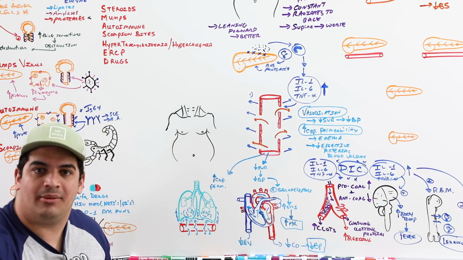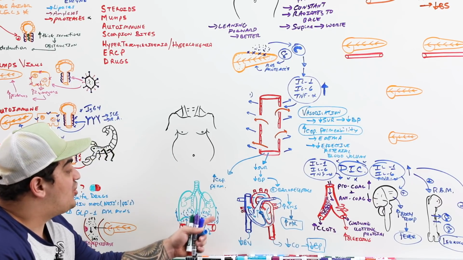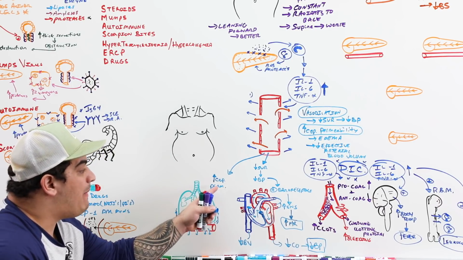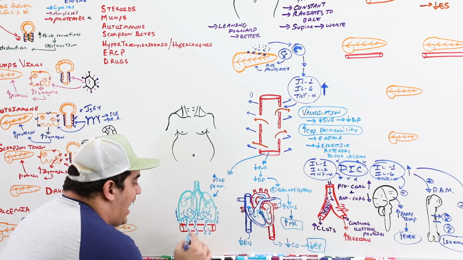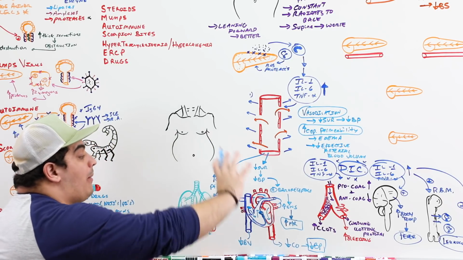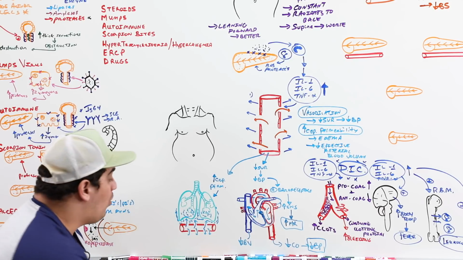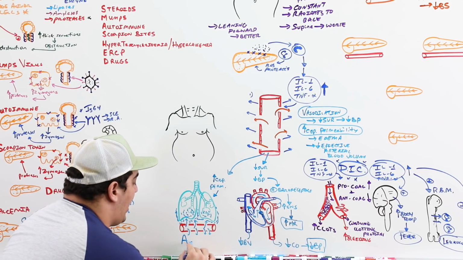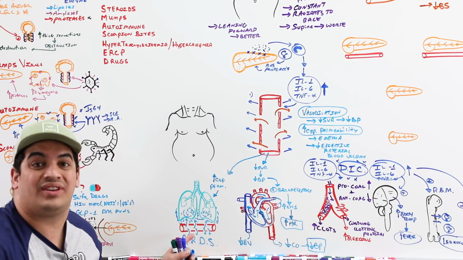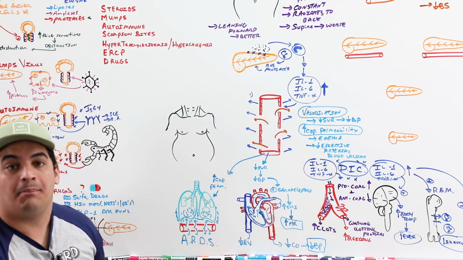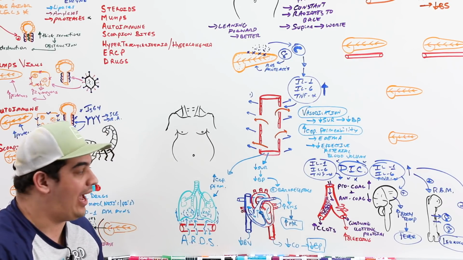This is pulmonary edema. But it's so diffuse because you have this massive increased capillary permeability that when this happens, this occurs diffusely throughout multiple alveoli. Worst case scenario, this can lead to what's called ARDS. And this is the number one cause of mortality in patients with pancreatitis. So you can't forget that.